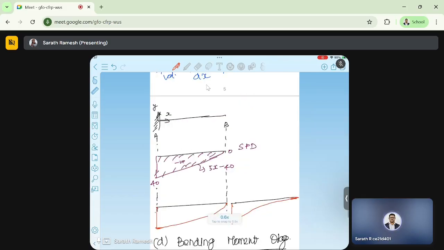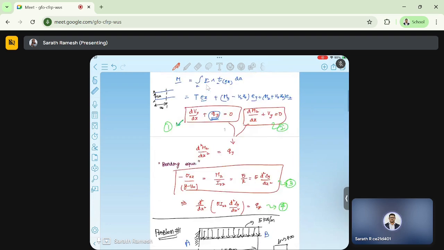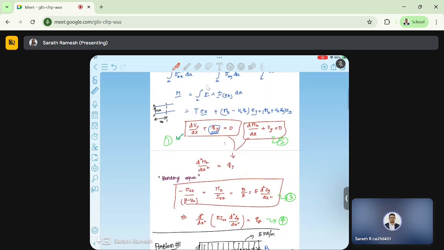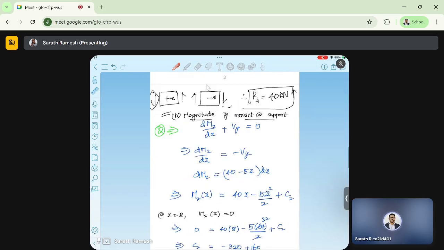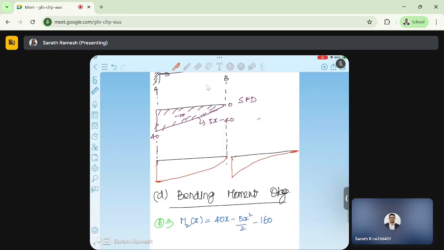We know the relation between moment and shear, equation number 2: dM by dx plus V_y equals 0, which says that shear force is nothing but the slope of the bending moment diagram.